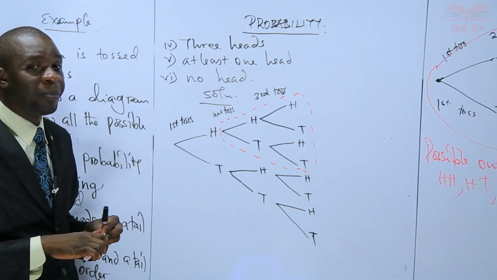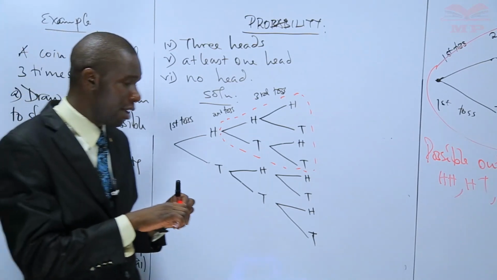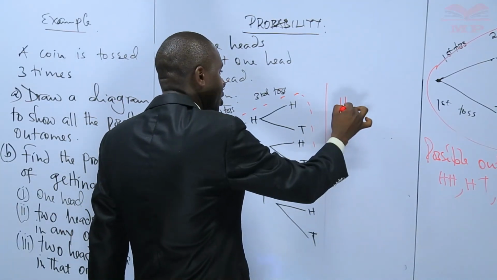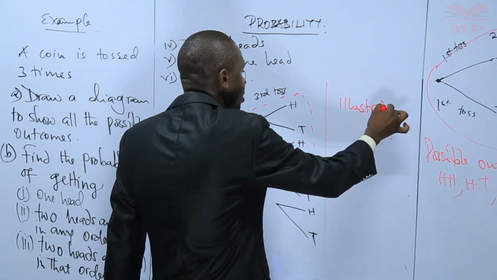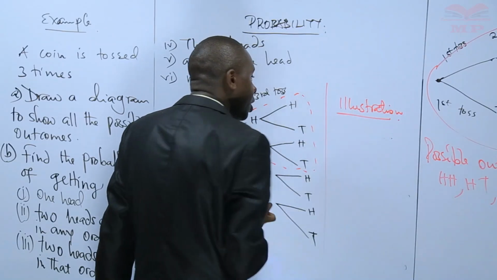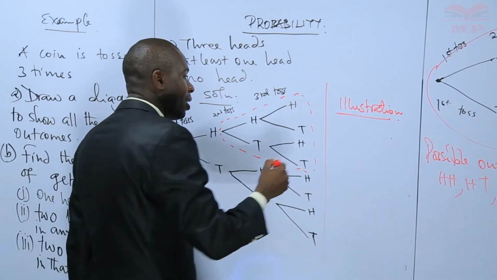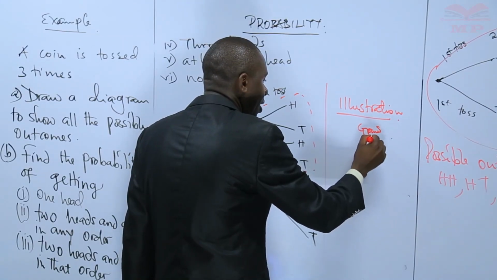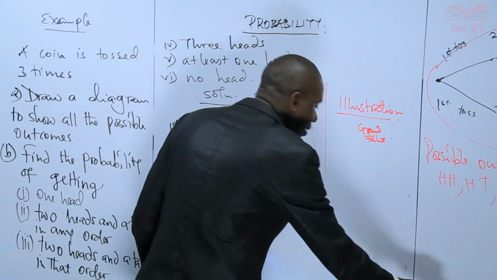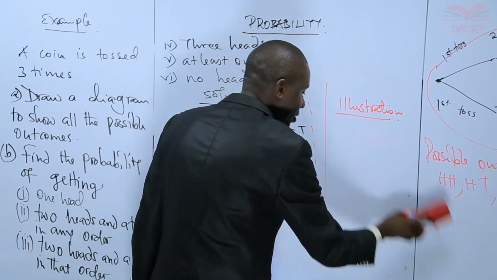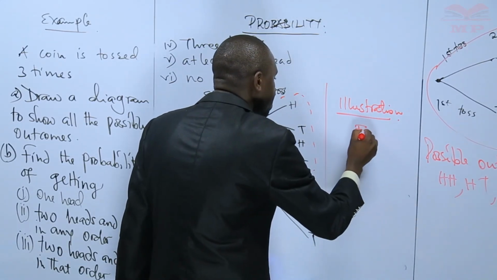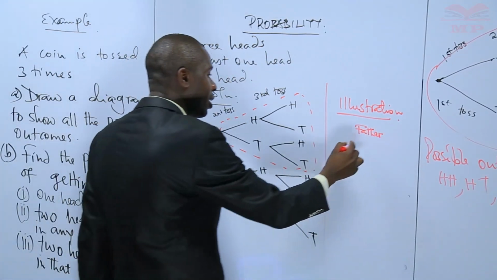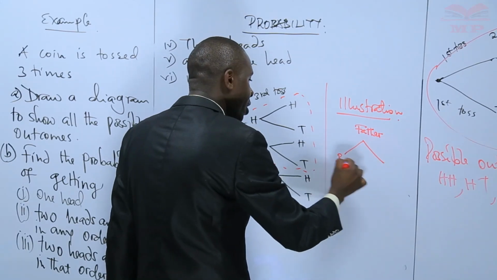I want to illustrate simply with a simple family tree. This is just an illustration. If in your family there is a grandfather, or let's say a father, the father can give birth to two children, a boy and a girl.